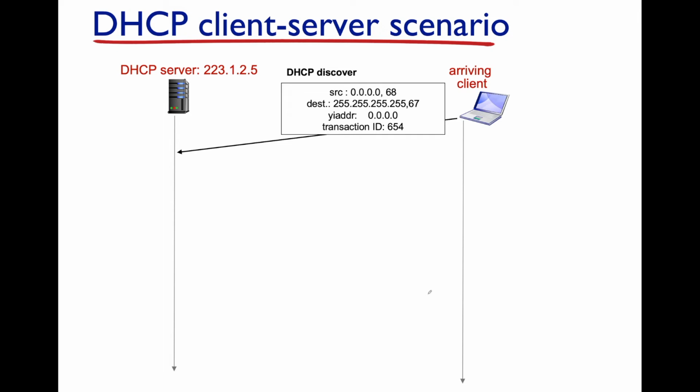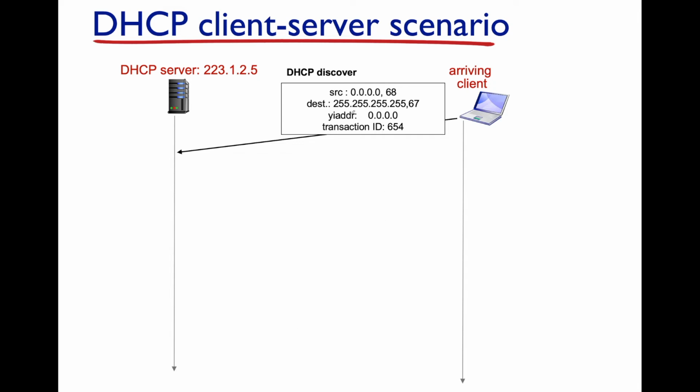So the destination address, that's the broadcast address. And you'll notice this broadcast address is 255.255.255.255. All the so-called dotted quad numbers are 255, which consequently in binary is all ones. And it's also port 67. So here, this destination address means that you're going to flood the network.